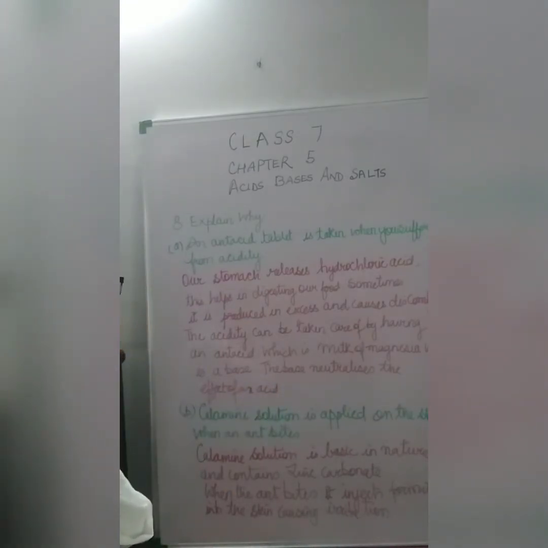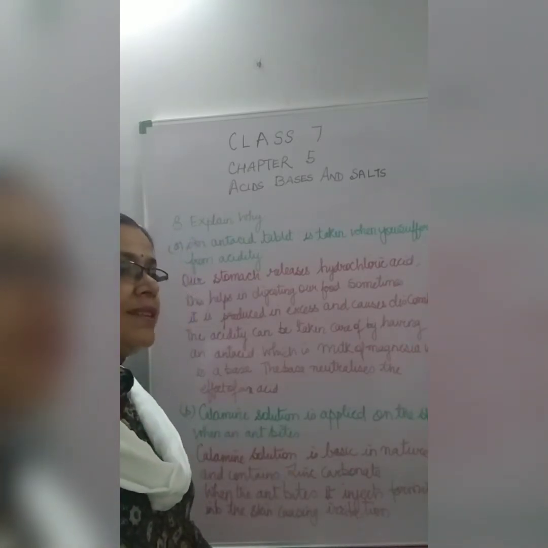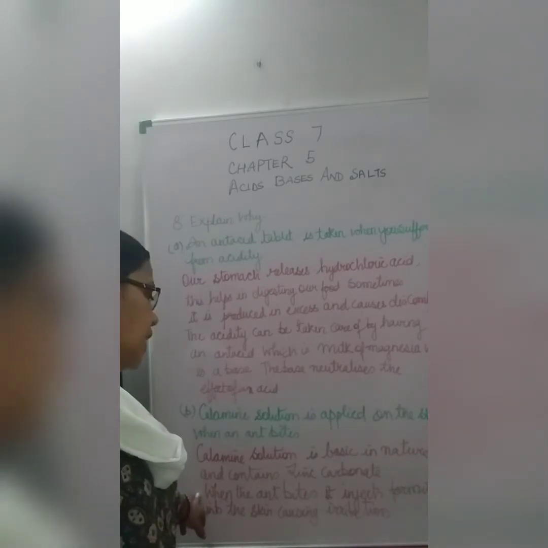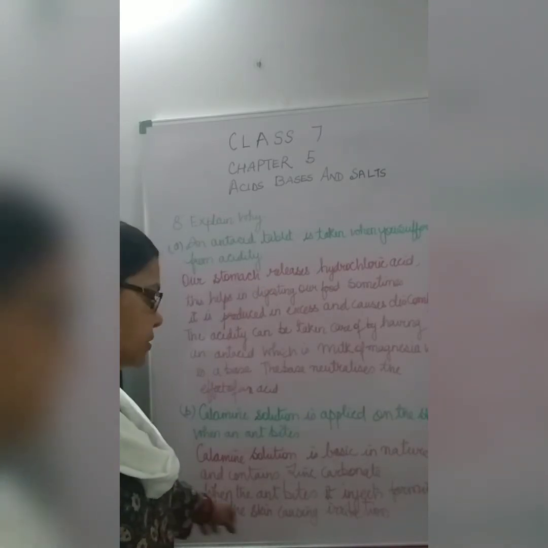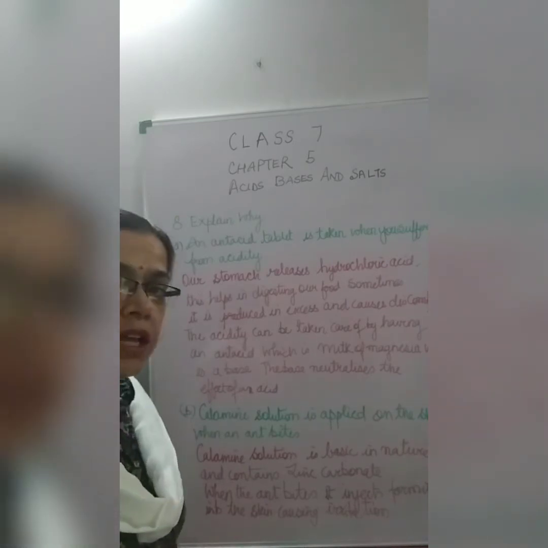Next, calamine solution is applied on the skin when an ant bites. Calamine solution is basic in nature. It contains zinc carbonate. When the ant bites, it injects formic acid into the skin, causing irritation.